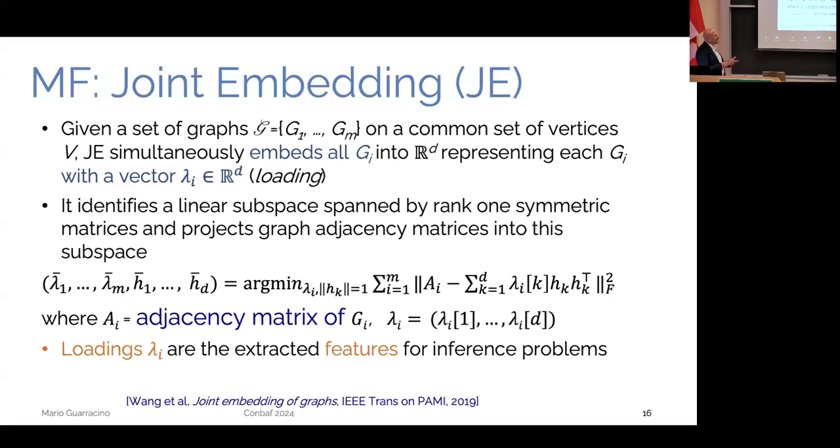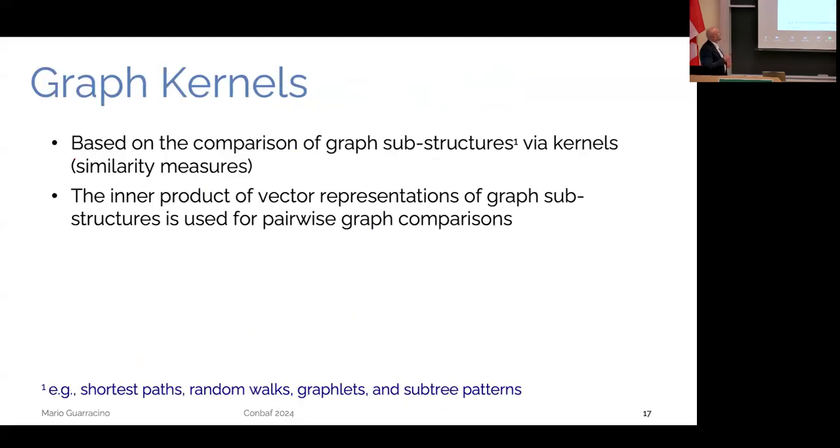So we end up with a vector for each graph. So what are we doing? We are somehow looking for a single matrix that is as close as possible to all the adjacency matrices of the various graphs. Okay, and we can use this for downstream analysis. This was published in 2019.